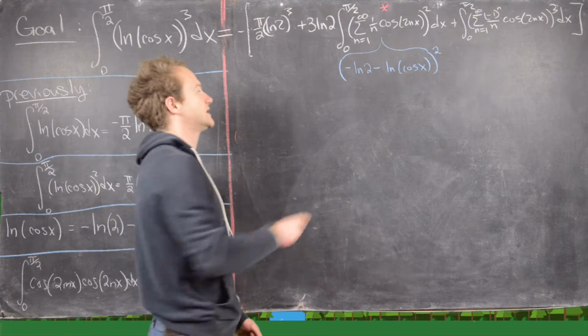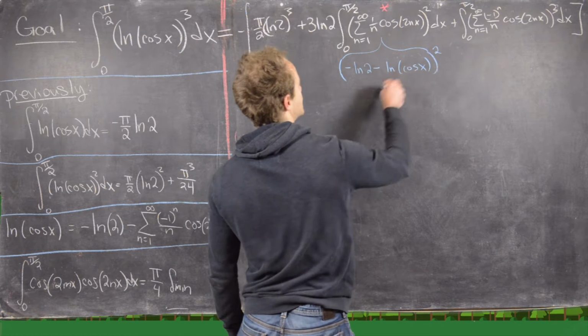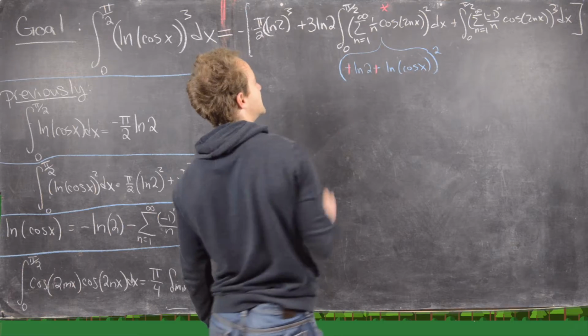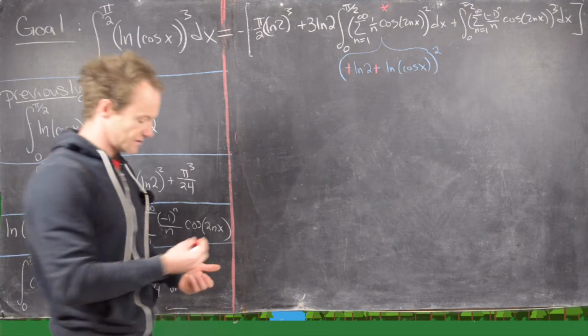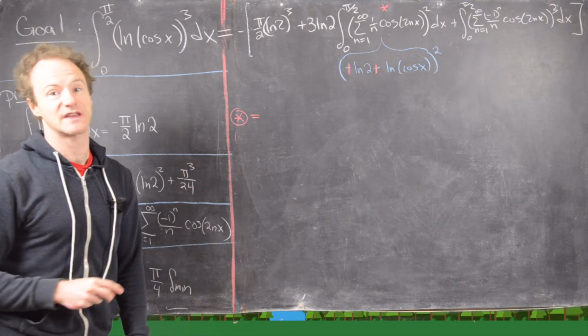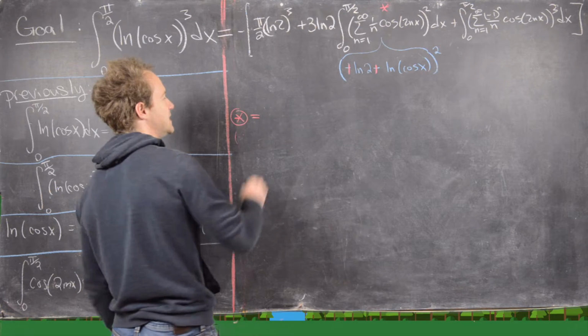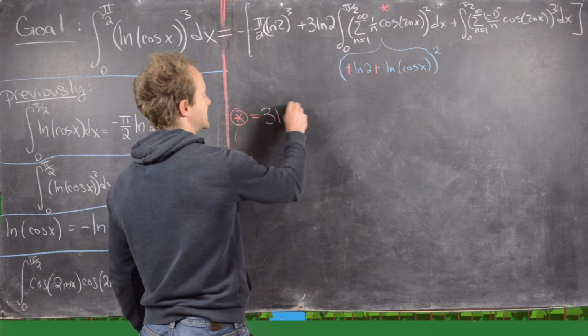But now notice that we can factor a -1 out of each of these terms and then square them, and that's going to turn this into a plus. So what that means is that that third integral, which is now the second integral because the second integral was 0, is going to be equal to 3 times the natural log of 2.